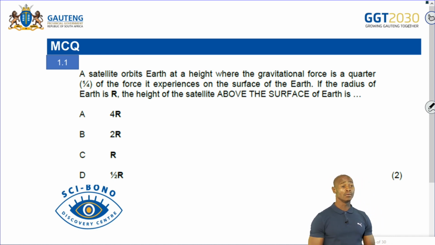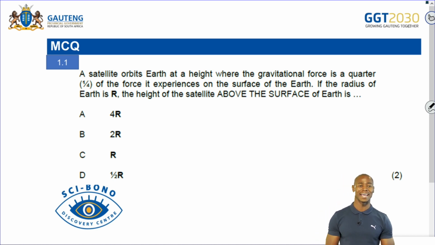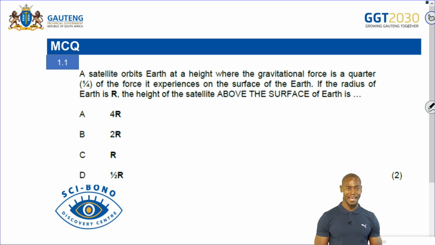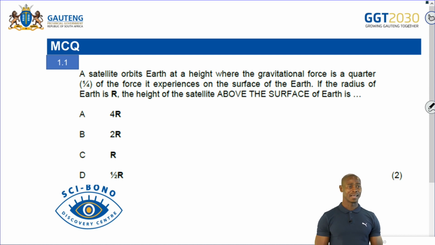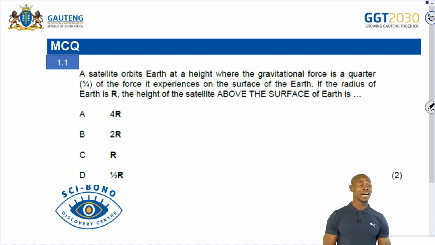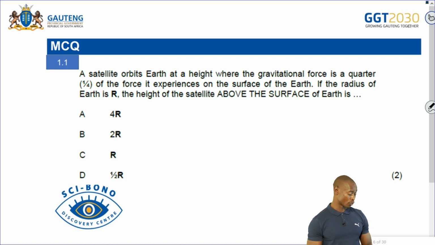Okay, so we have 1.1: a satellite orbits Earth at a height where the gravitational force is a quarter, which is 1/4 of the force it experiences on the surface of the Earth. If the radius of the Earth is r, the height of the satellite above the surface of the Earth is: A, 4r; B, 2r; C, r; or D, 1/2 r?